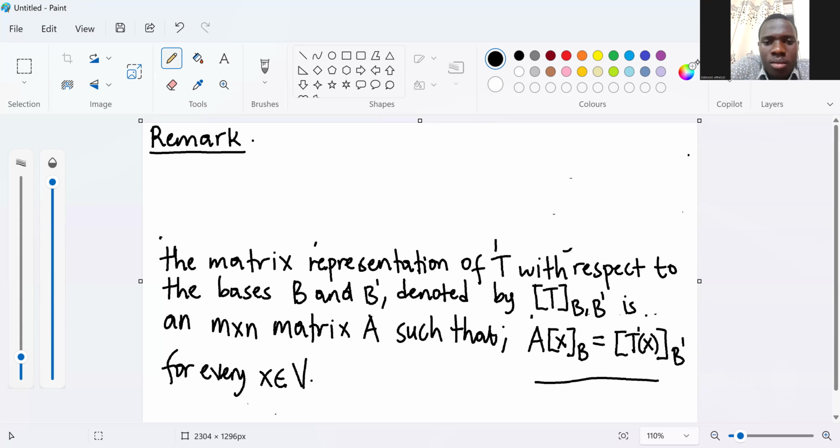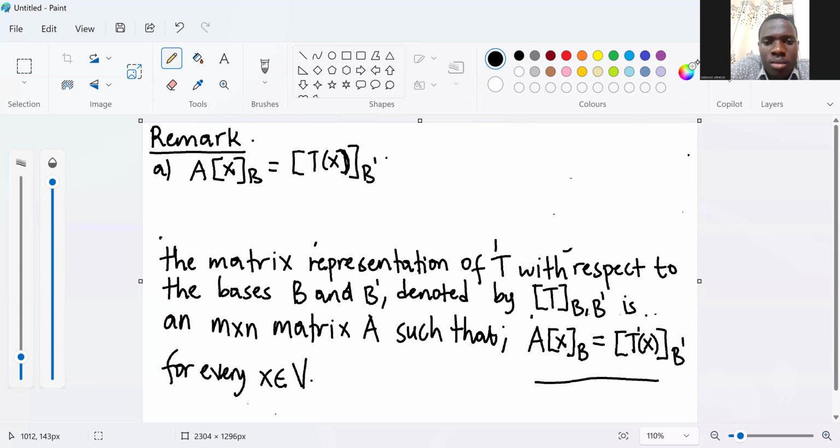More formally, the matrix which you are seeing there, A, B, which is equal to T(x), B prime.